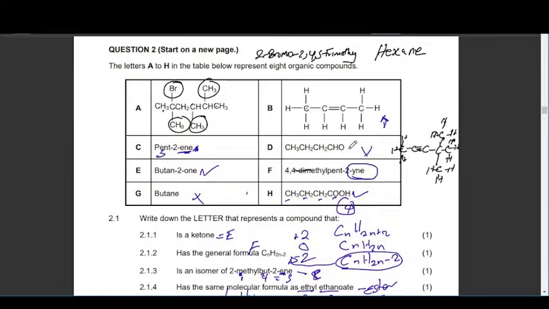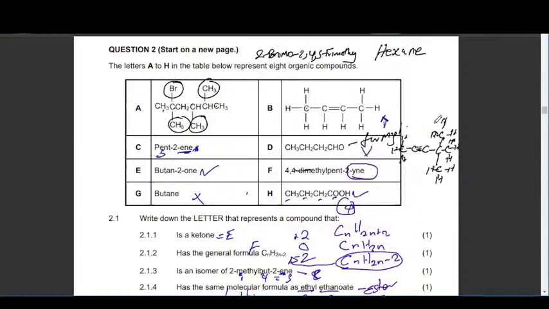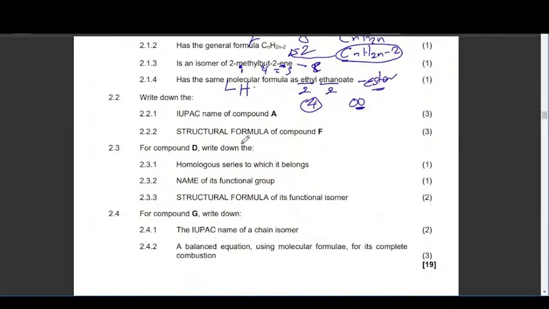It could be formyl or carbonyl. So the answer here is: homologous series, aldehyde, while the functional group is formyl or carbonyl.